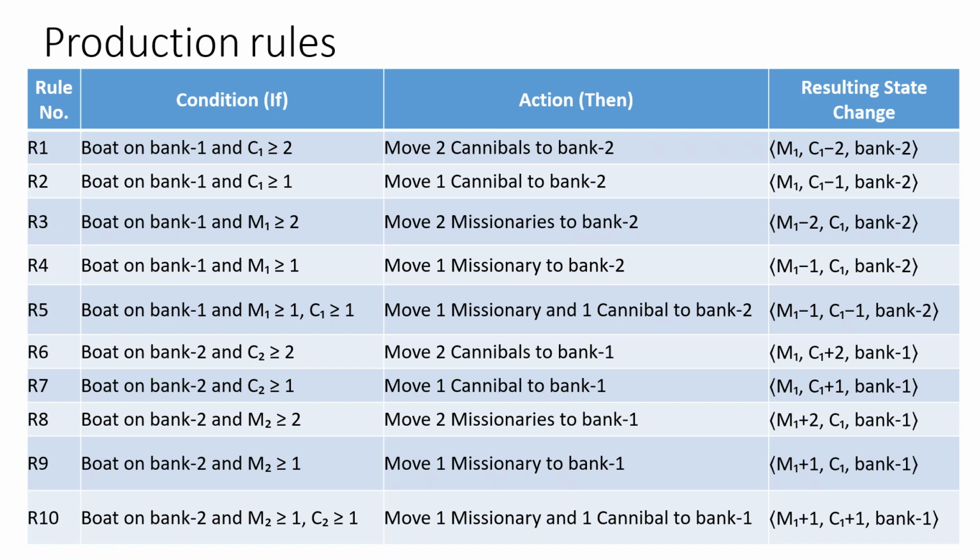That means the boat is on bank 1 and C1 is greater than 1, then we can move one cannibal to bank 2. Then the third rule: two missionaries can cross together from the left bank to the right bank. Here the boat is on the left bank and the number of missionaries is greater than 2, then we can move two missionaries to bank 2.